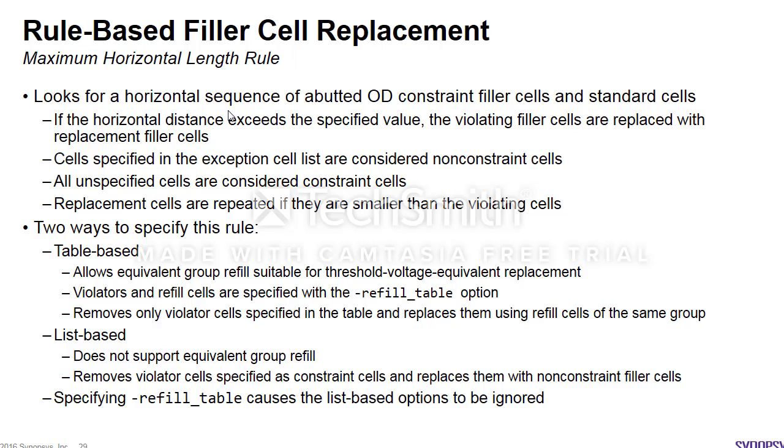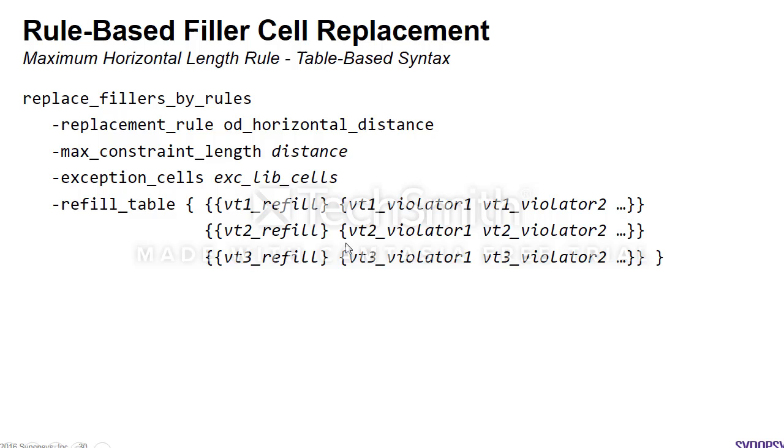And we have another rule, the fourth part, which is the maximal horizontal length rule. We have two ways to specify this rule. One is table based and one is list based. You specify a feeder table or a list. This is an example for the table-based syntax. Replace feeder by rules.